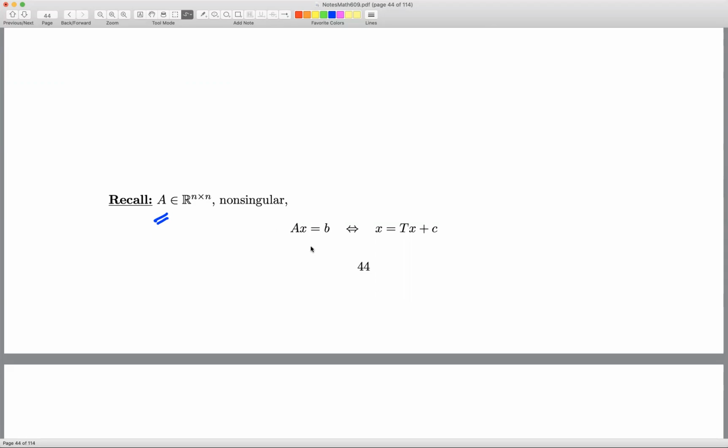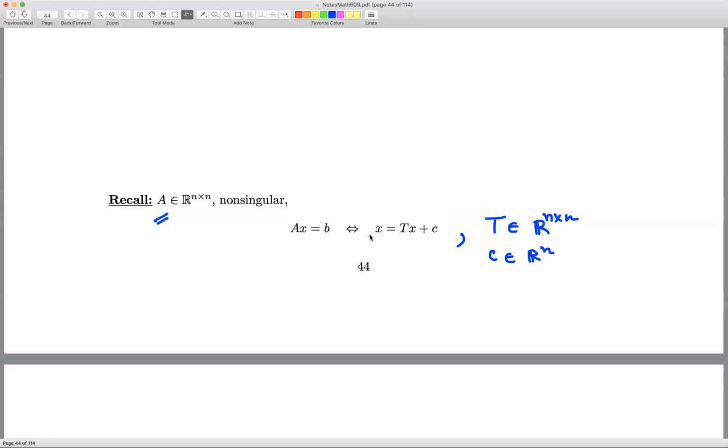In order to start with any iterative method, we need to represent this system in the form x = Tx + c, where T is another square matrix of dimension n, and c is some other vector of dimension n.